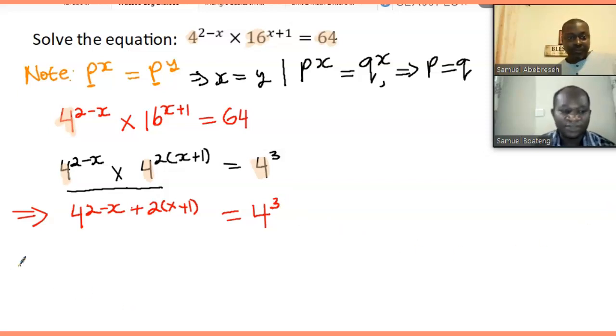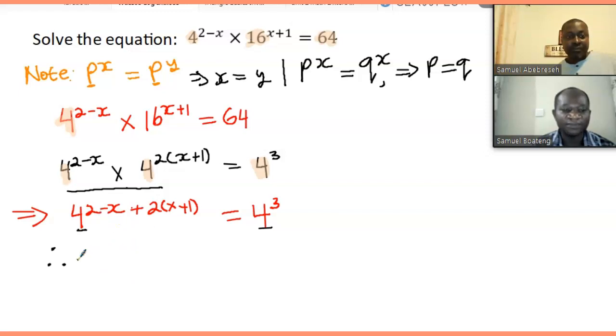So we have been able to simplify the left-hand side. We can now equate the exponents and solve for x. Since the bases are the same, you can underline the base 4, and we can equate the exponents.